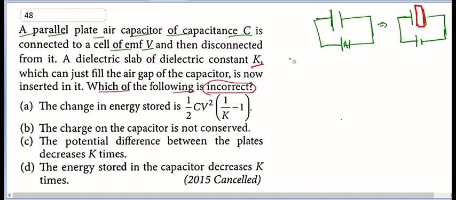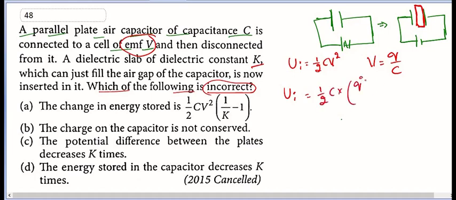So the initial energy is equal to 1 by 2 CV square. But the potential is connected to the EMF, so V is equal to Q by C. Now you have to put the value of V, so the electrostatic energy is Q square divided by C square.